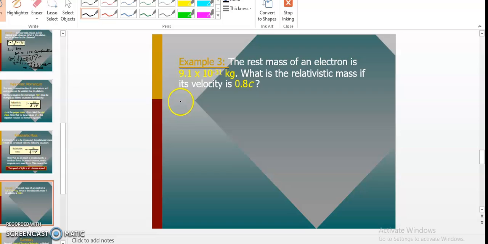First of all, let's write our formula. It will be m is equal to m naught divided by the root of 1 minus v squared over c squared. So we simply plug this into the formula.